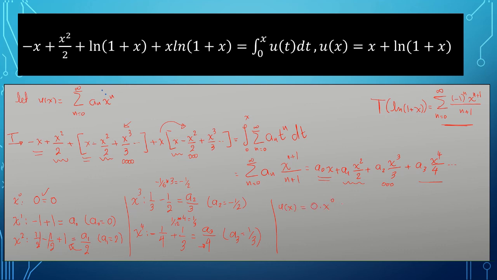And this will give us that u(x) is equal to 0 multiplied by x raised to 0 plus 2 multiplied by x plus minus 1 over 2 multiplied by x squared plus 1 over 3 multiplied by x raised to 3, and so on. So let's write this 2x as x plus x.